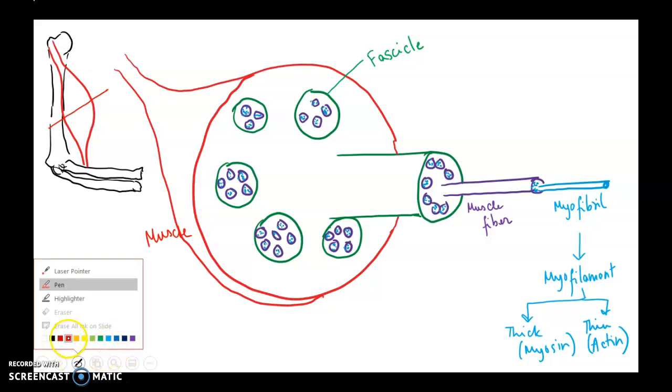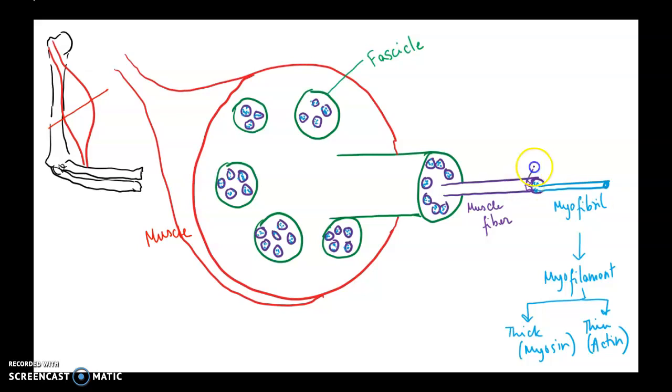If we look into the muscle, or let's start with the muscle fiber. Each individual muscle fiber remains surrounded by a connective tissue covering, and this is called endomysium. Say it, endomysium.